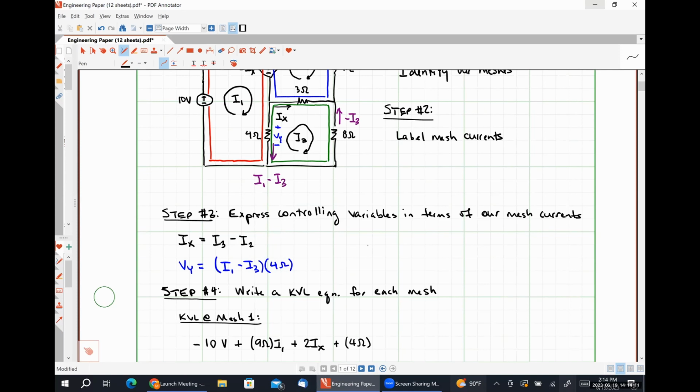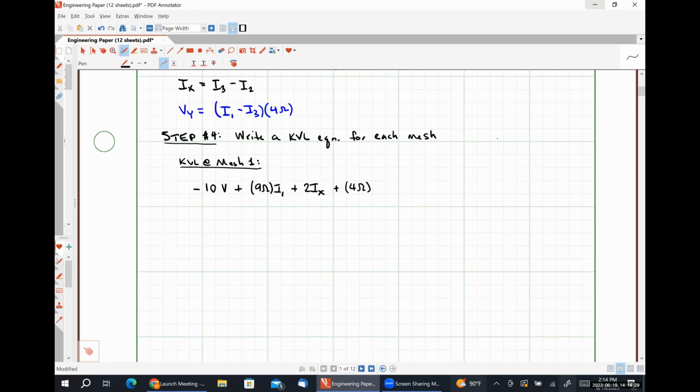Effectively, if we're following I1 around its clockwise path, it should be having the positive sign, and any current in the opposite direction of I1 should have the negative sign. So the voltage drop across the 4 ohm resistor in this case is going to look like 4 ohms times I1 minus I3. We set this equal to 0.